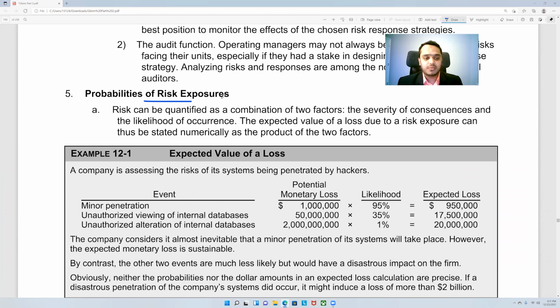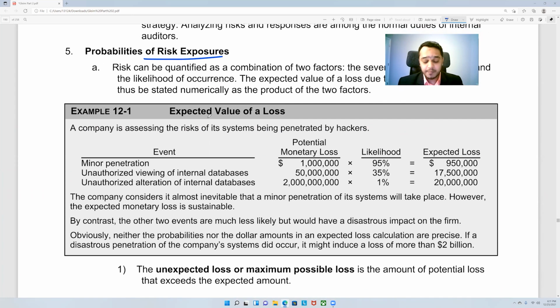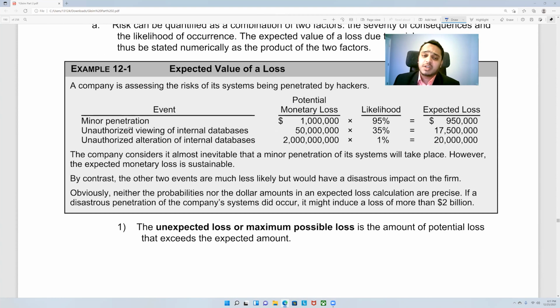Then probabilities of risk exposures. If you just see in here, what is the possibility of things going to happen? What is the probability? Like suppose a minor penetration into your systems: the potential loss can be 1 million, and the likelihood of happening is 95%.